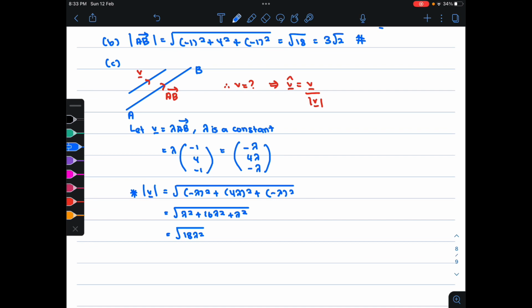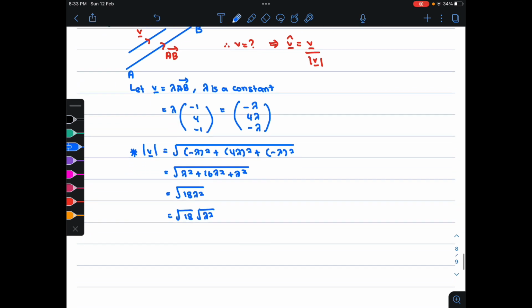And we will get square root 18 times square root of lambda squared. Now, as we know, square root of AB is equal to square root A times square root B. Therefore, this is square root 18 times square root of lambda squared, which is 3 root 2 lambda.